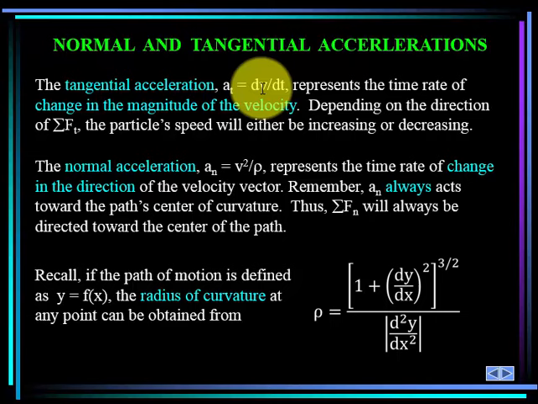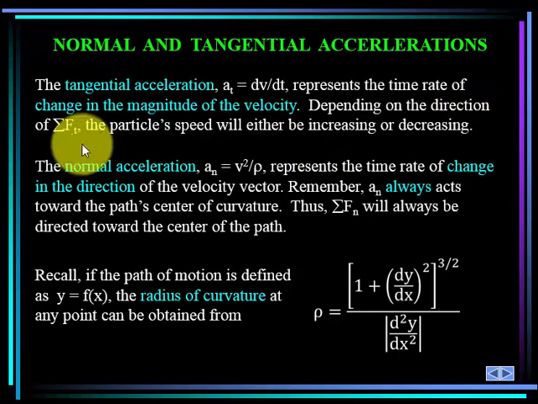And remember, the velocity vector is only in the tangent direction. So probably a better way to say this is that the tangential acceleration is the rate of change of speed, or of the magnitude of velocity, magnitude being the key word right here.